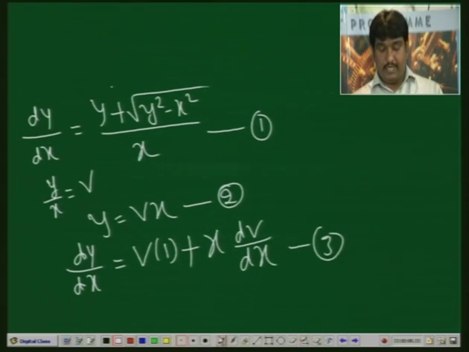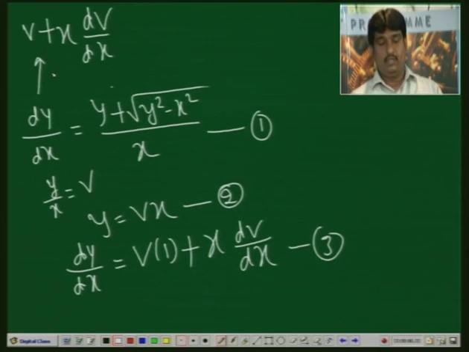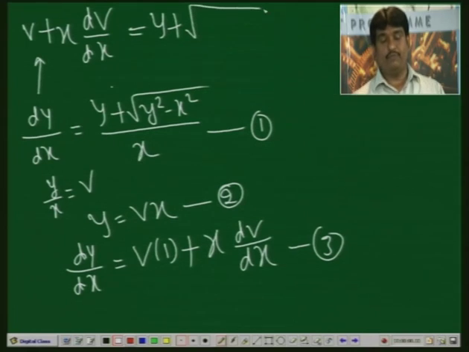LHS is dy by dx. dy by dx is v plus x into dv by dx. I have substituted for dy by dx, and that is equals to y plus square root of, okay, if you want you can substitute y in terms of v.